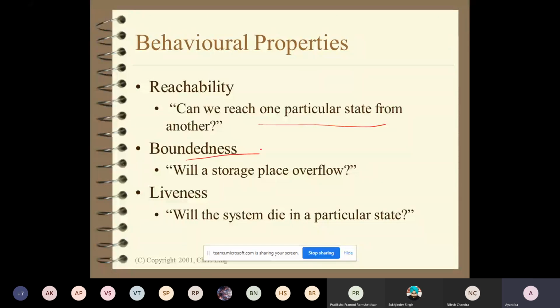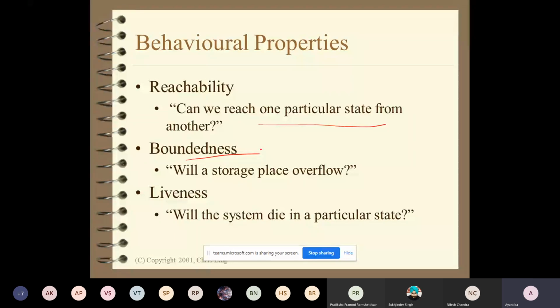Next one is boundedness. Boundedness means: will a storage space overflow? Remember, whenever we talked about place transition nets, also yesterday, we defined some maximum limit, the maximum capacity of one place, the maximum number of tokens you can place in that place.